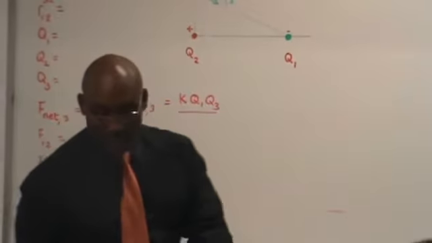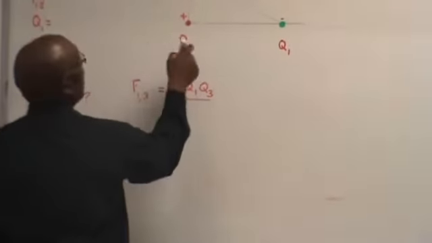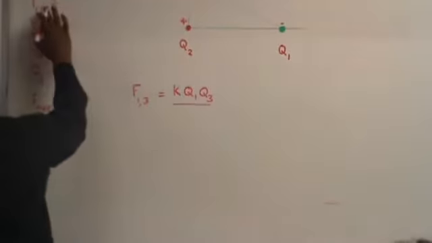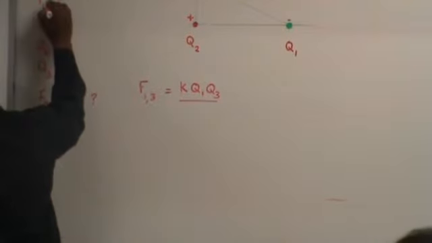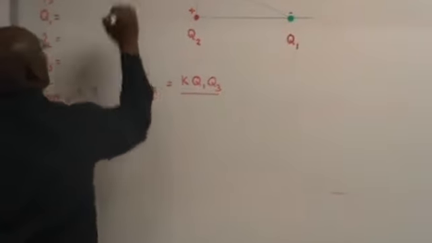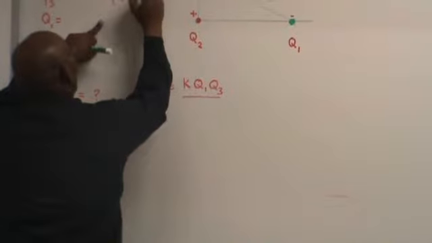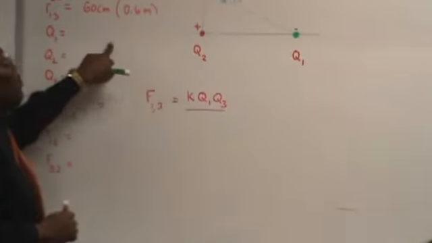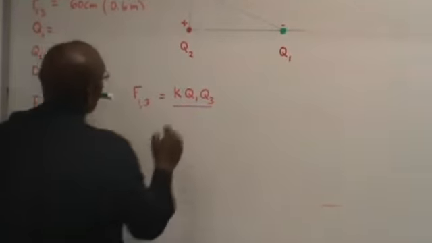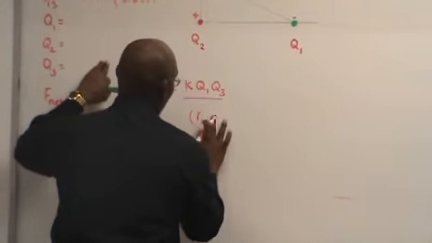What is that distance? 60 centimeters. So R1, 3 is 60 centimeters or 0.6. You have to convert this to meters, ladies and gentlemen. 0.6 meters. So that's R13 squared.